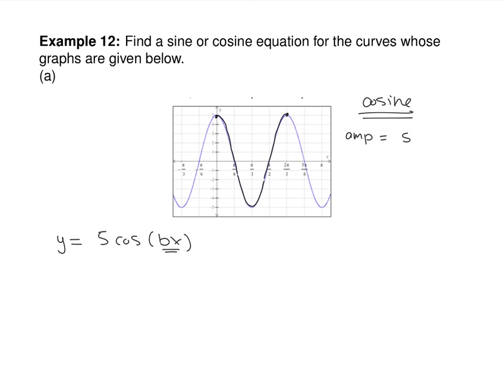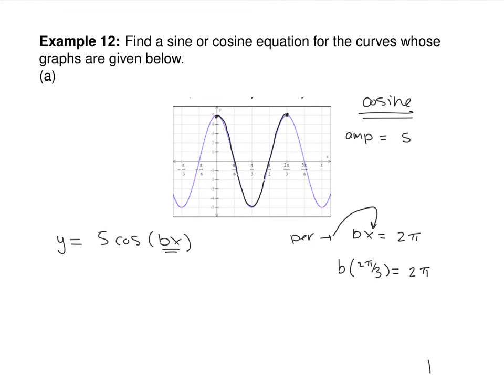And you think about it this way. To find the period, you said, okay, b times x equals 2 pi, right? And that period was the x that came out, right? So if you say b times, what is the period of this particular function? 2 pi over 3 equals 2 pi.